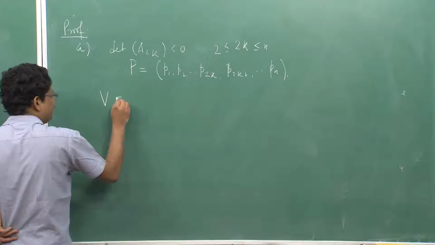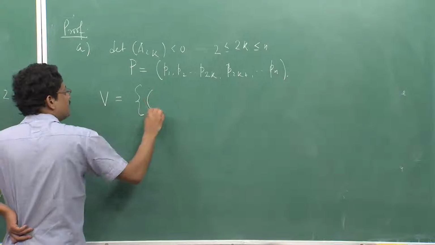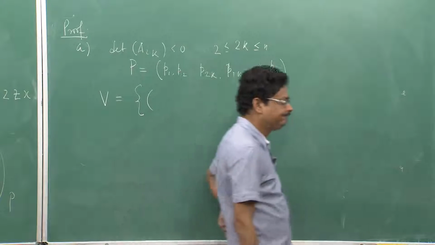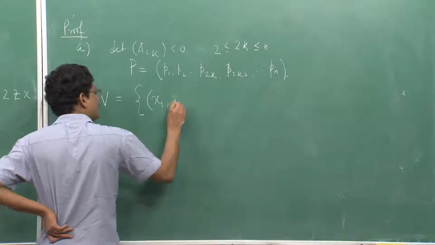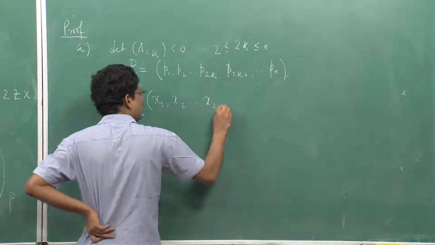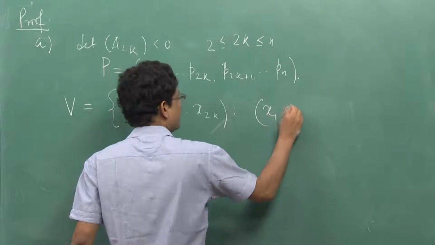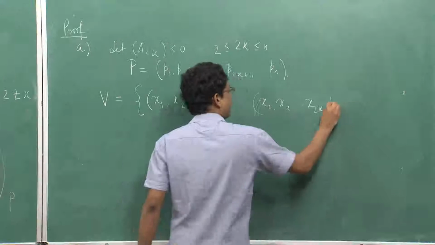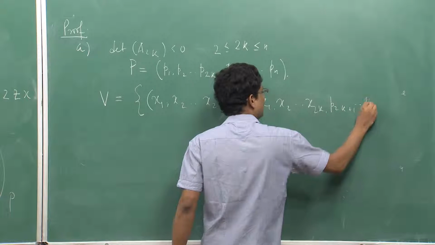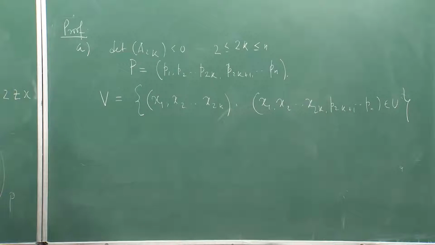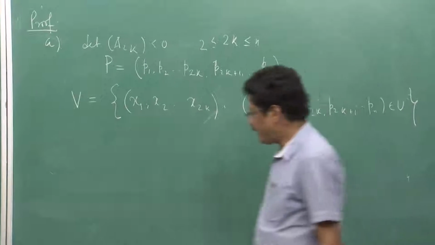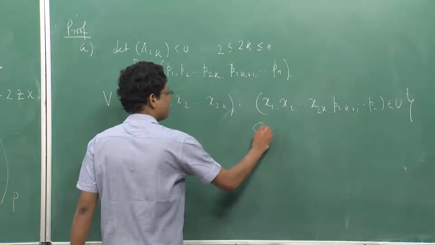Let us take this set V. This is the set of all (x1, x2, ..., x2k) such that (x1, x2, ..., x2k, p2k+1, ..., pn) belongs to U. That is, I take the first 2k section of U with the last 2k+1 to n coordinates fixed. So this is a subset in R^2k.